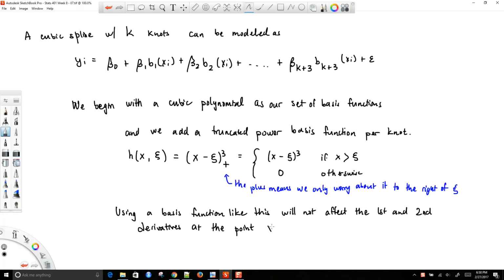This is how we get away with increasing the complexity of our model without messing up the first and second derivatives, making sure that they stay continuous. This is how we can guarantee our regression spline remains smooth.